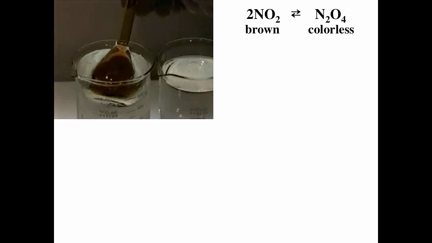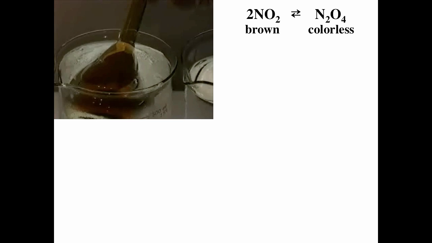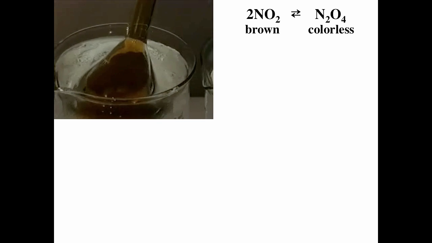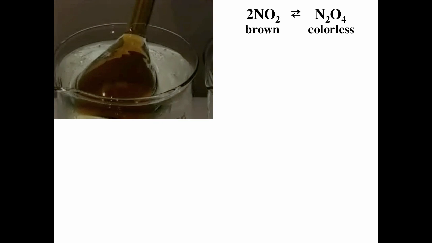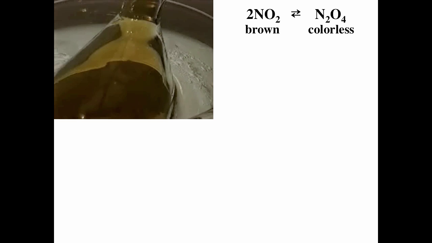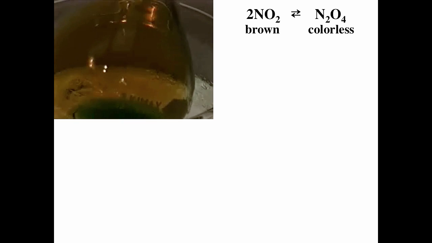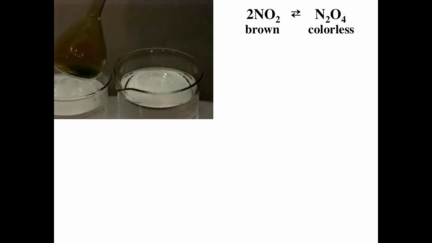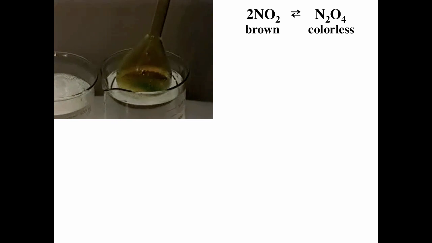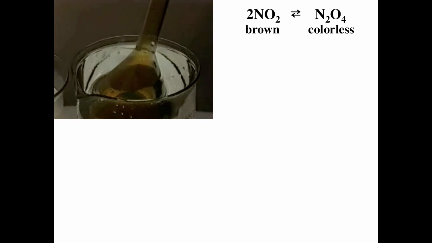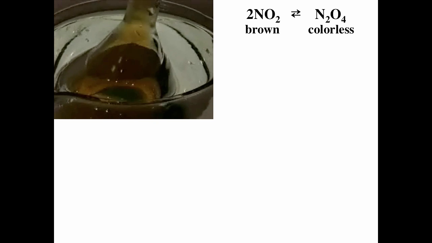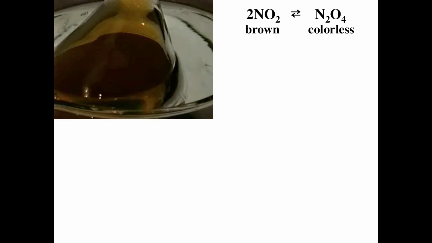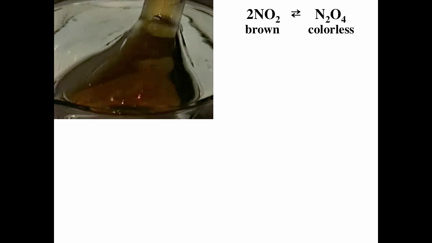At a given temperature, specific concentrations of each gas will be present in the system. When the tube is chilled, the concentration of dinitrogen tetroxide increases, and the concentration of nitrogen dioxide decreases. When the tube is heated, the concentration of reddish-brown nitrogen dioxide increases, while the concentration of dinitrogen tetroxide decreases.